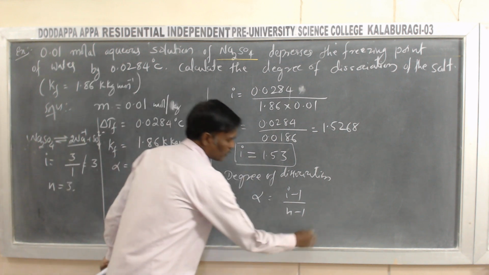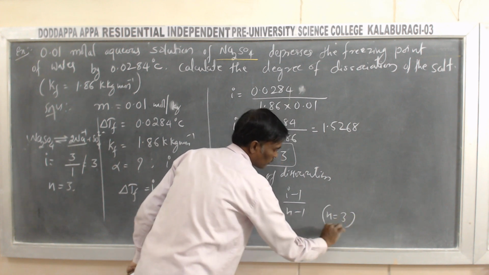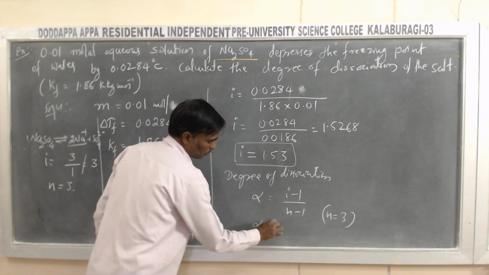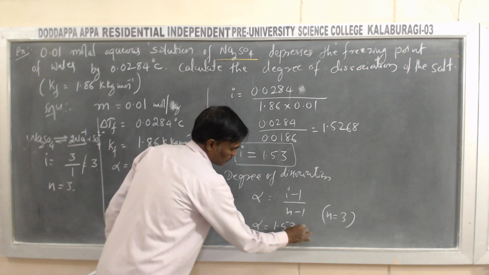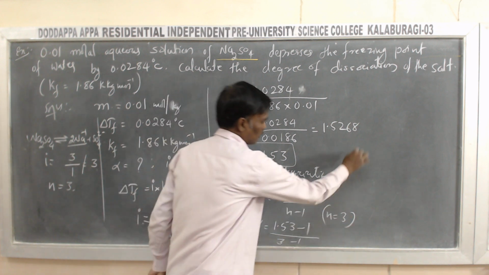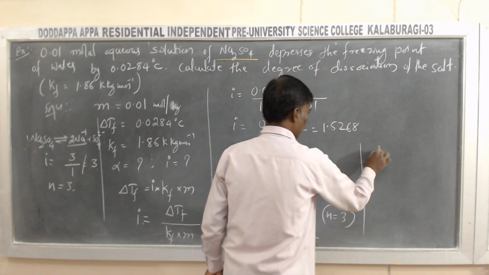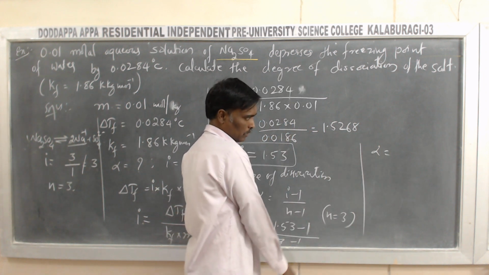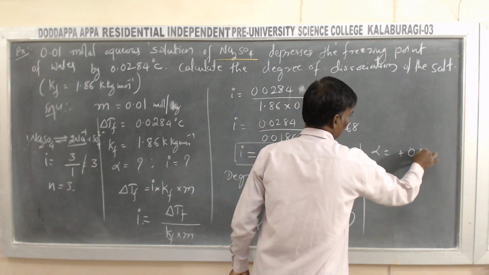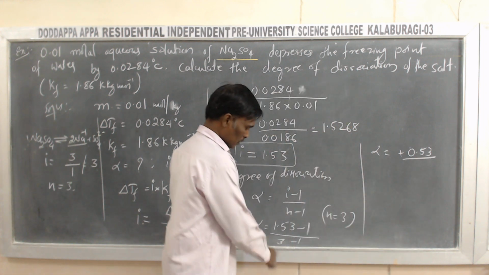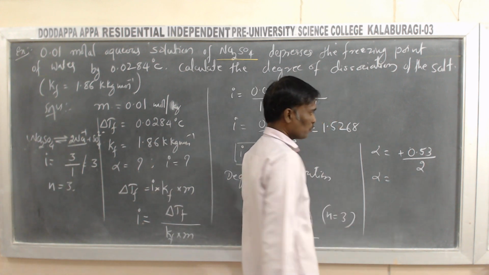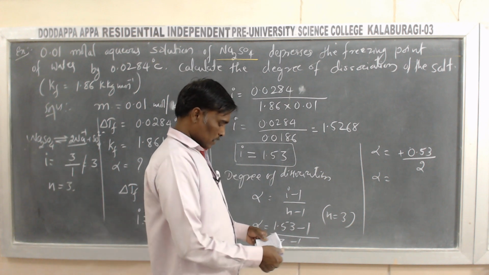So n is equal to 3. Substituting, alpha is equal to 1.53 minus 1, which is 0.53, divided by 3 minus 1, which is 2.